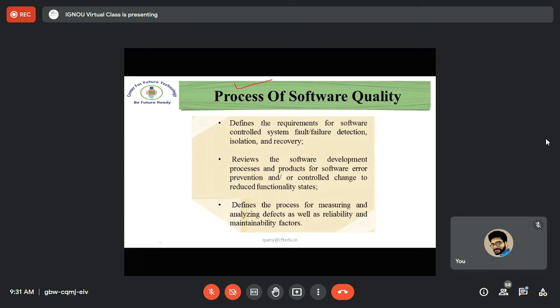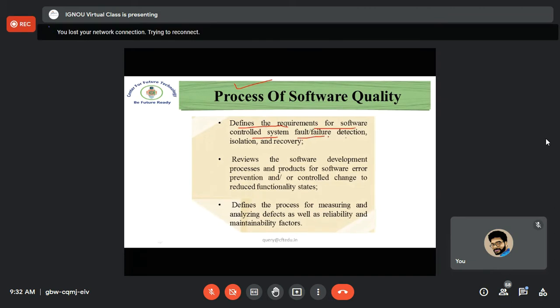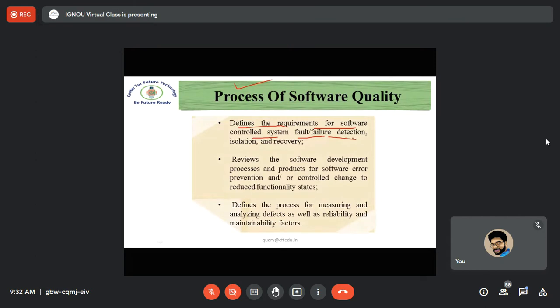So the first step in this regard is to firstly define the requirements for the software control system. It means these parameters must be defined in the context of the proposed software. It should not reflect any fault or failure, and if there is some fault or failure, that must be fixed, and after fixing, the things must be recovered.